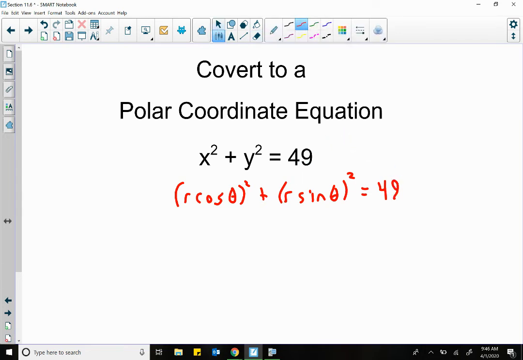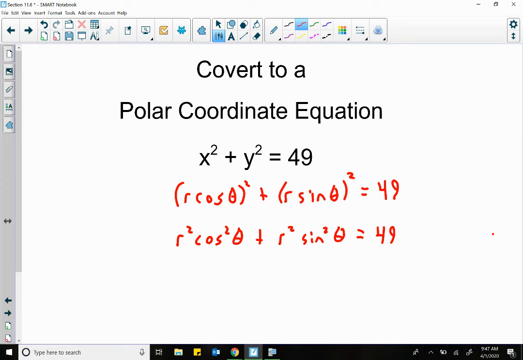Well, let's do some squaring real quick. R cosine theta squared is r squared cosine squared theta, plus r sine theta squared is r squared sine squared theta, equal to 49.